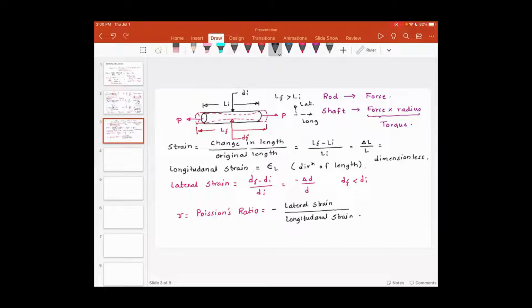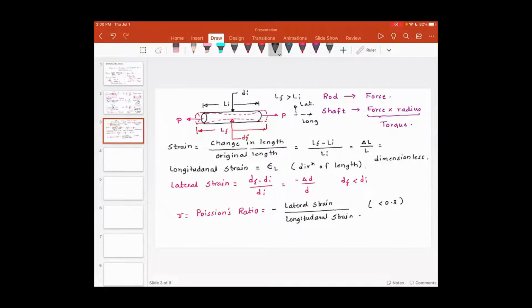Poisson's ratio is a positive quantity and usually its value is less than 0.3. Poisson's ratio is mu, and it is one of the very important fundamental properties of the material. It gives us the relationship between the lateral and longitudinal change.